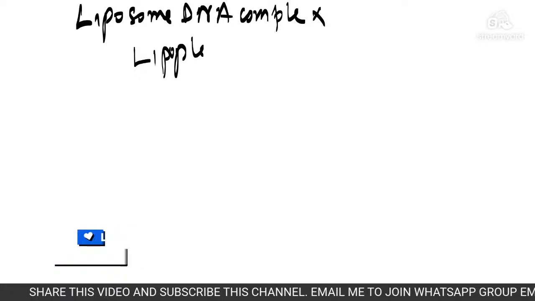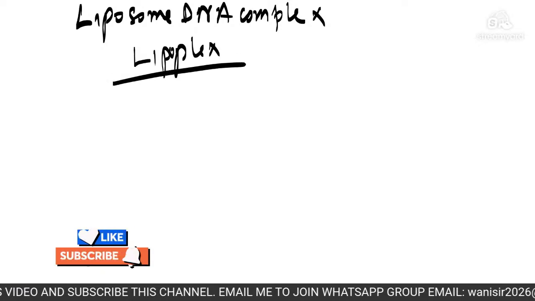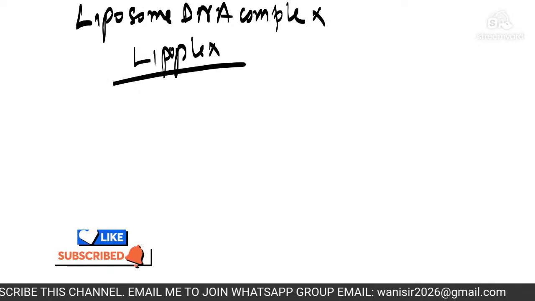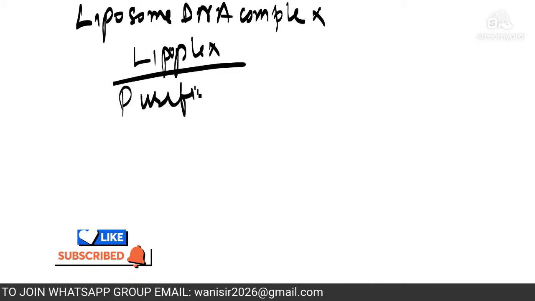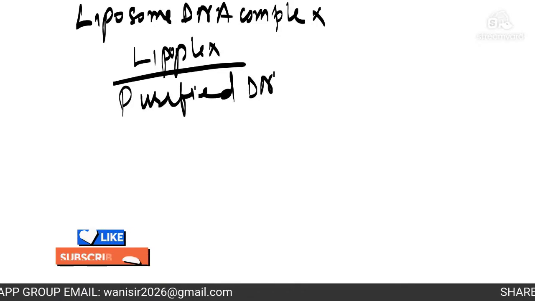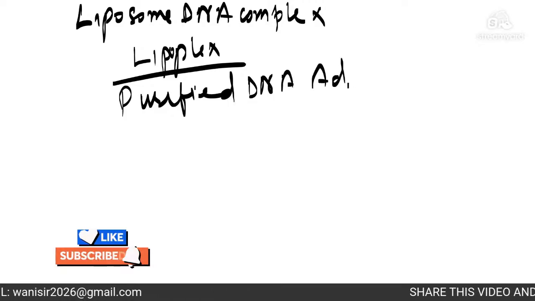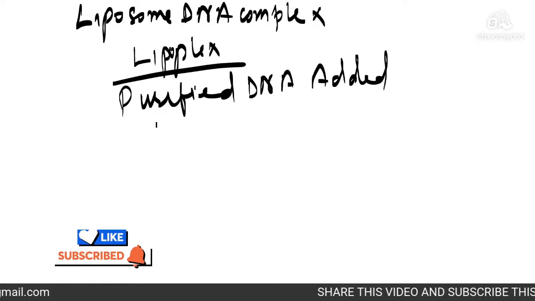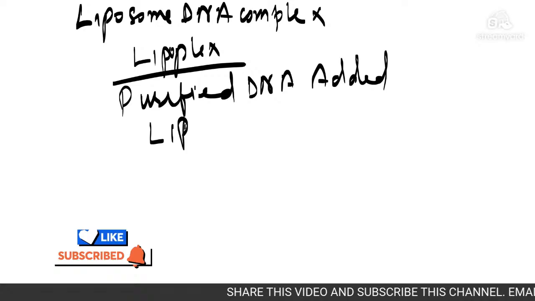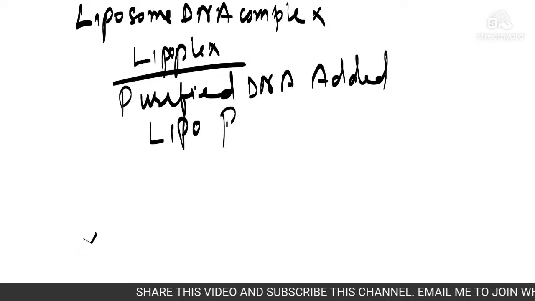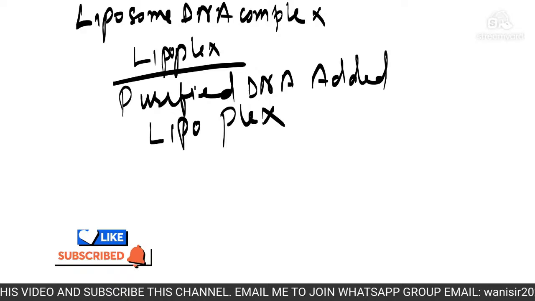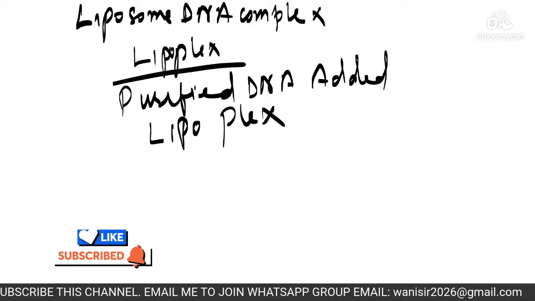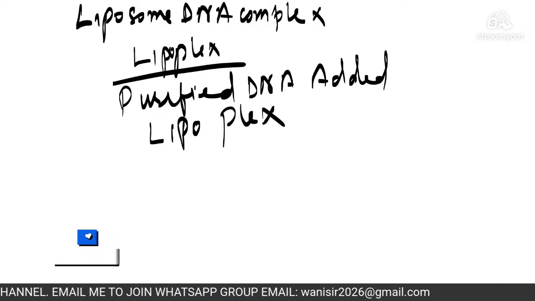So we have to do the lipoplex formation. Purified DNA is added to the liposome, and it will form the lipoplex. The positive charge on the liposome will attract the negative charge, and the DNA will condense and stick to the liposome to form the lipoplex.